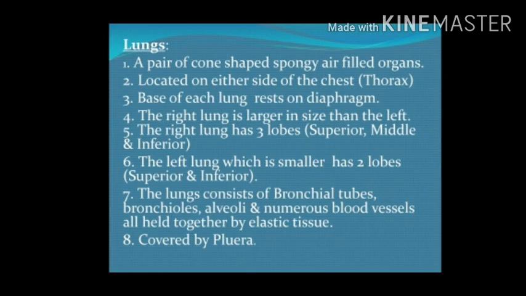Each lung is covered by two membranes. They are known as pleura. The inner one is called the pulmonary or visceral pleura. It envelops the lung, and the outer one is called the parietal pleura, enclosing the lung and lining the thoracic wall and the upper surface of the diaphragm.